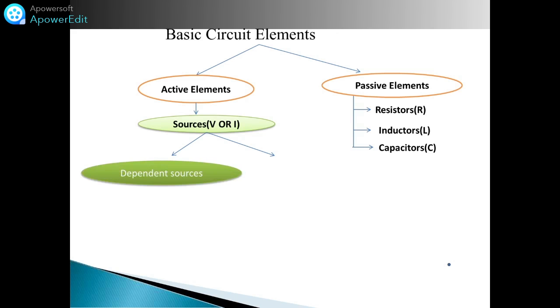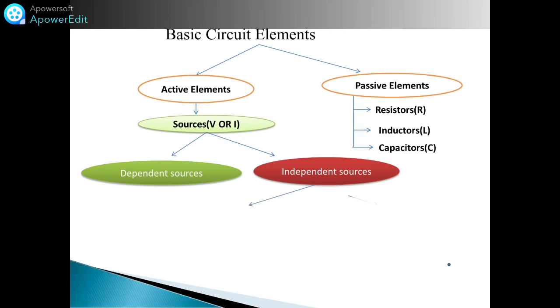First one is independent sources, second is dependent sources. Depending upon their energy level, if they can deliver independently, the elements are called independent sources. If the energy deliverability depends upon another source, they are dependent sources.